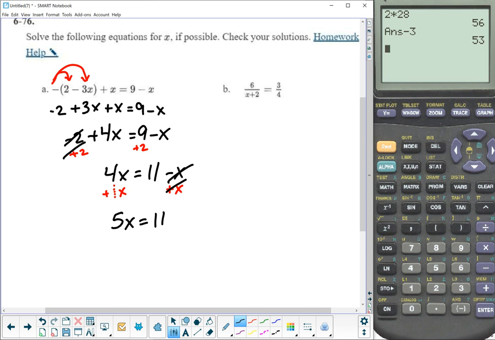Okay, and that was pretty close. Okay, because now we have to finish off with dividing by 5. And we get X equals 11 over 5. That's my final answer.